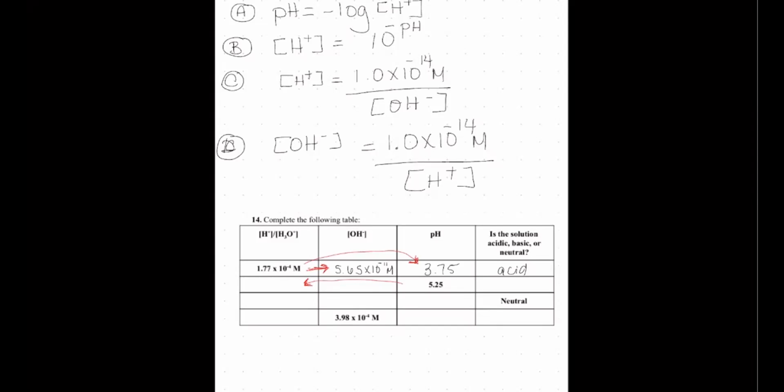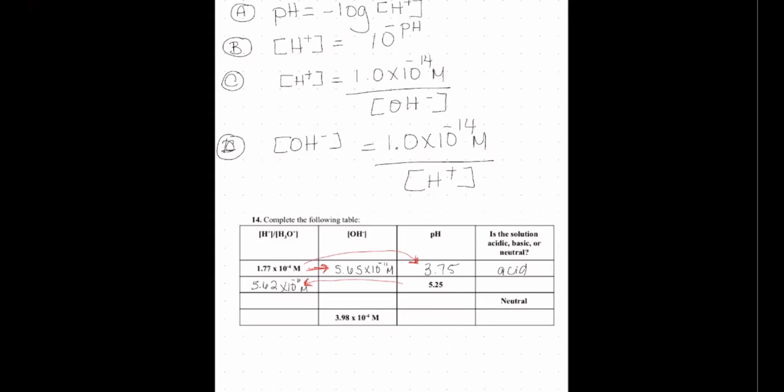Letter B. Remember that what we're trying to find is on the left of the equation, and what we are inputting into our equation is on the right side. So if we do 5.25, it has to be a negative value, 10 to the x. This is 5.62 times 10 to the negative 6 molar.